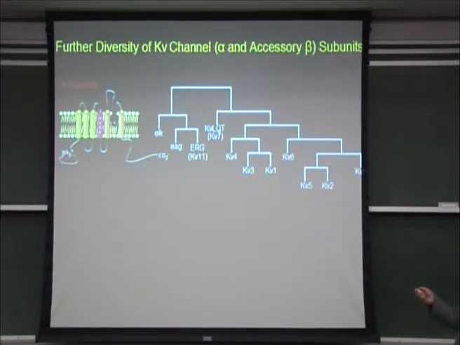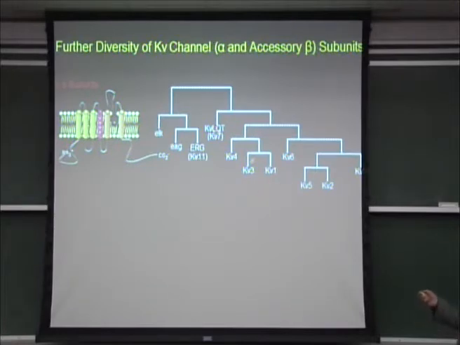KV4, there's 3. So now I think if you try to think in terms of the map, if you could potentially mix and match these subunits coupled with alternative splicing, you could potentially generate many different, functionally different potassium channels. There are some rules, and these have not been demonstrated in real cells, but in heterologous expression systems, there are rules for how these subunits can combine.